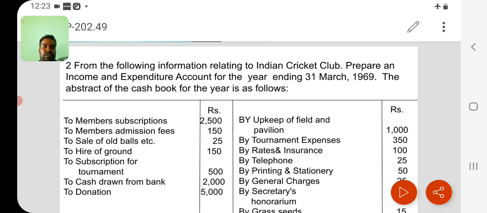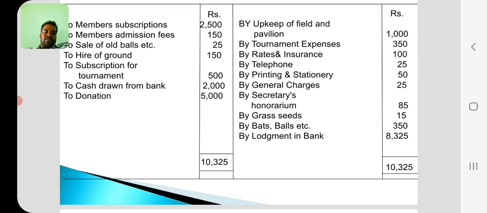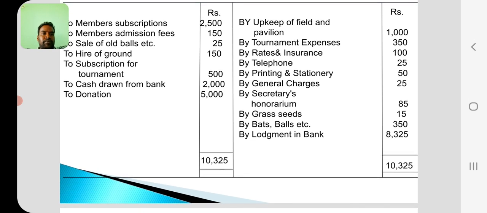To member subscription 2500, to members admission fees 150, to sale of old balls etc. 25, to hire of ground 150, subscription for tournament 500, cash drawn from bank 2000, to donation 6000, 5000.